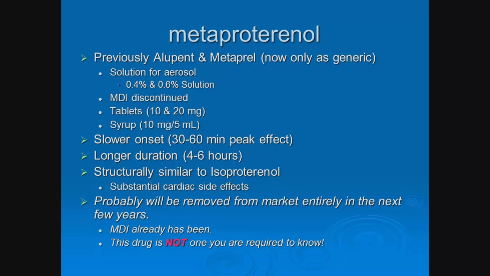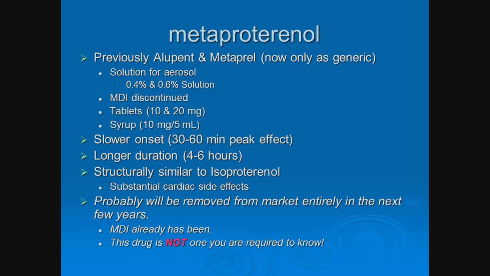Metaproterenol, I've taken off the list of drugs you need to know because it's basically being phased out because there's better drugs available. Alupent and Metaprel were the only trade names. It actually has been out in the market long enough that it's no longer sold as a trade name. It's only as a generic metaproterenol.